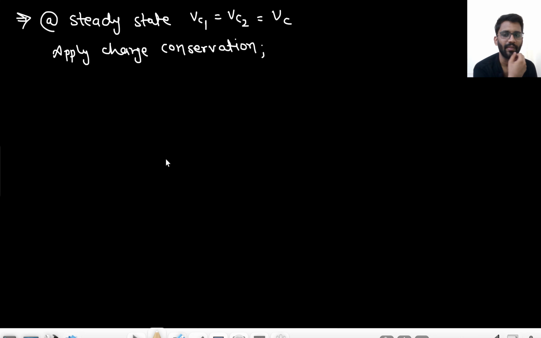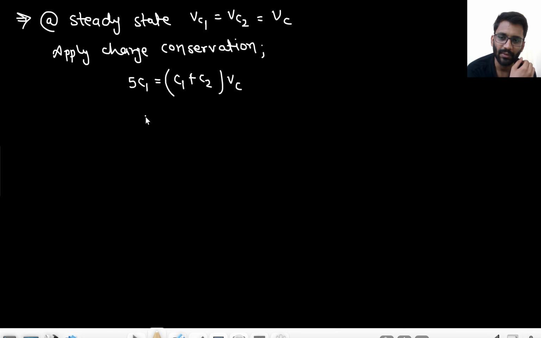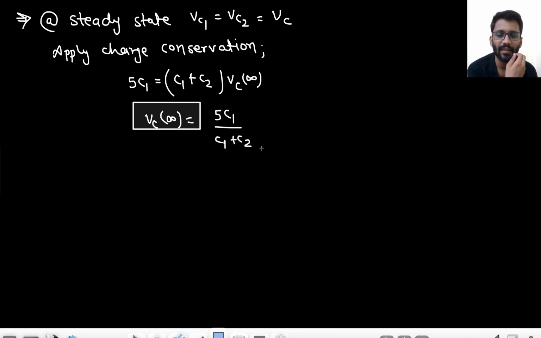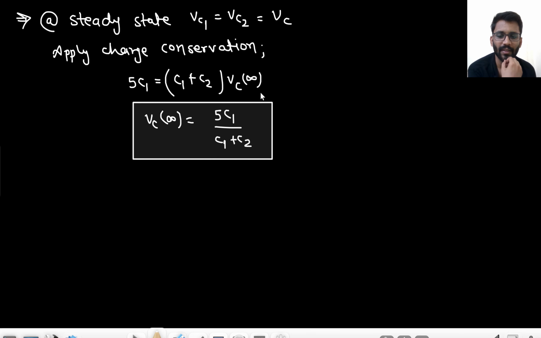Initially we had 5 times C1, and then we will have C1 plus C2 times Vc. So Vc at t equals infinity would be 5 C1 upon C1 plus C2. That means Vc1 at infinity equals Vc2 at infinity.